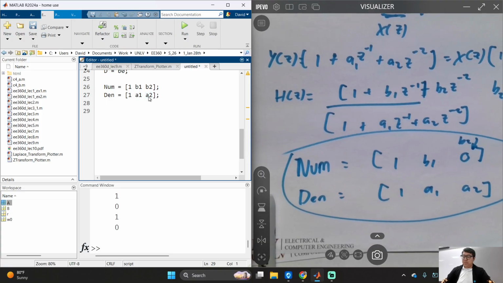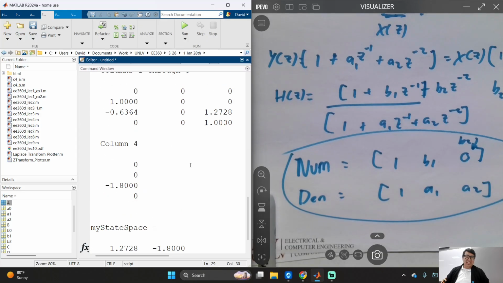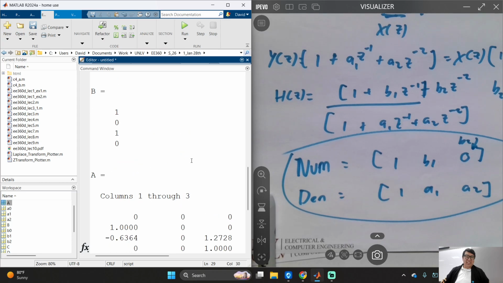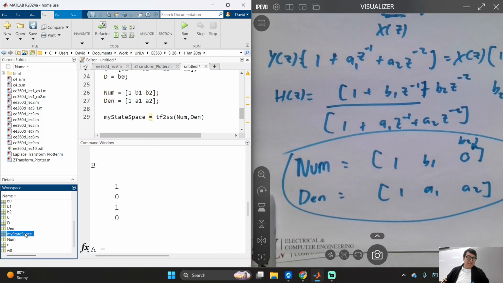Now my state space is equal to tf2ss of my numerator and denominator. There we go. Guess what just popped out? The state space equation.